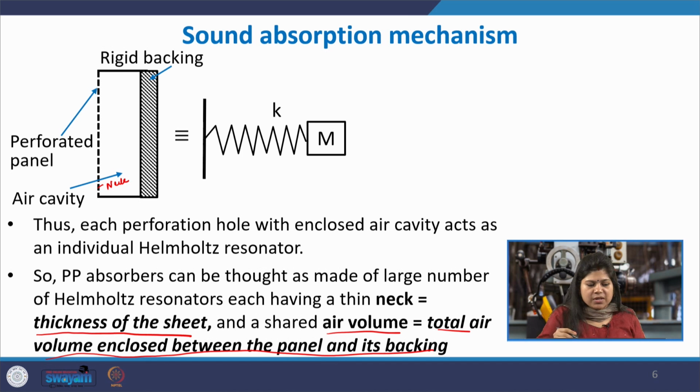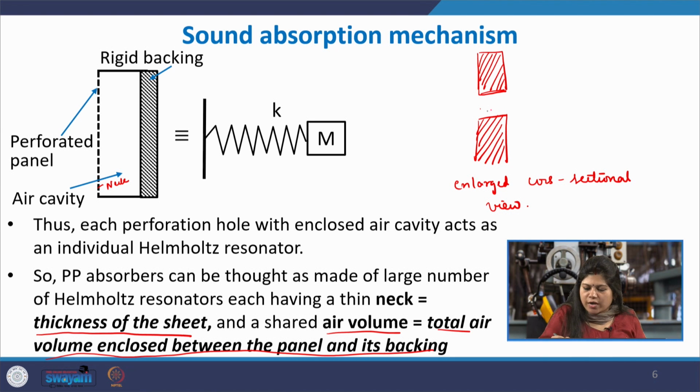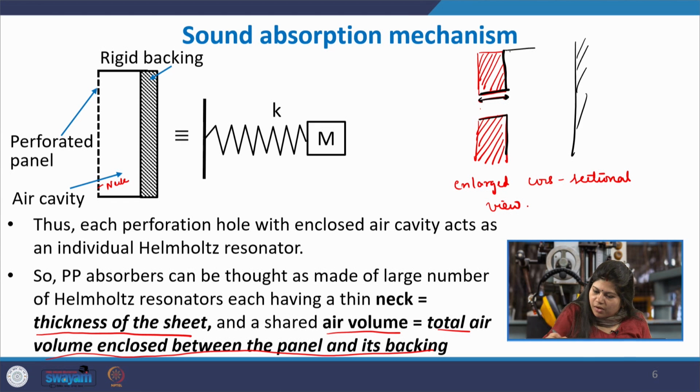Okay. So, suppose this is your perforated panel. I will draw one enlarged view where this is your solid material and then you have some perforation. So, this is an enlarged cross sectional view. Okay, this is one perforation. So, as you can see, this distance here acts like a neck for the cavity, and then you have some confined cavity here, confined like this.